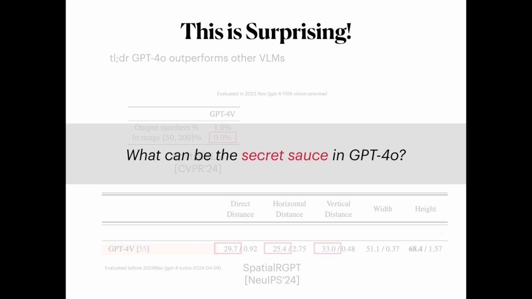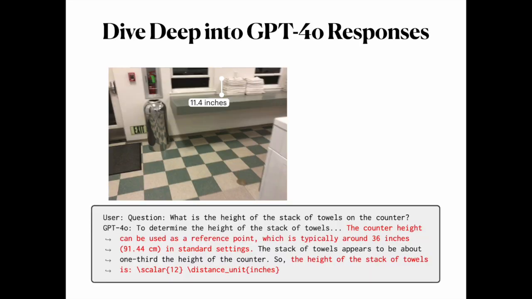What can be the secret sauce in GPT-4o? Of course, we do not know the training recipe or the data used in GPT-4o, so we need to find another way. We started by looking at the responses from GPT-4o, and interestingly, we find that GPT-4o tends to use reference objects in its reasoning paths and estimate the answer at the end. Here's an example.